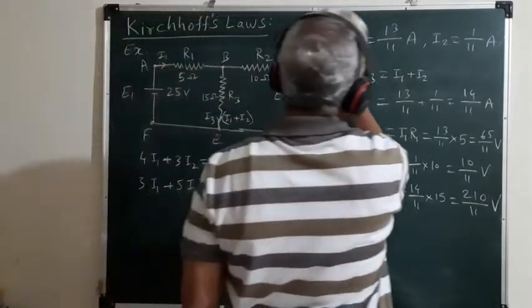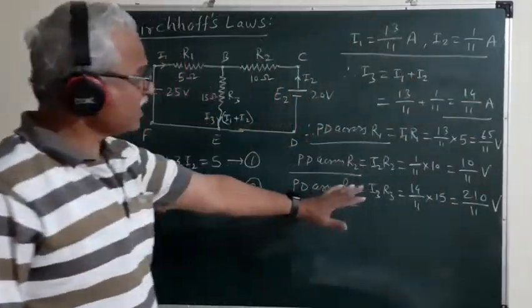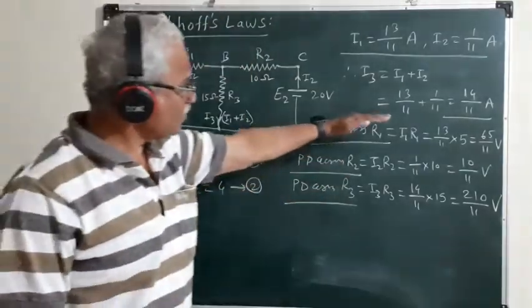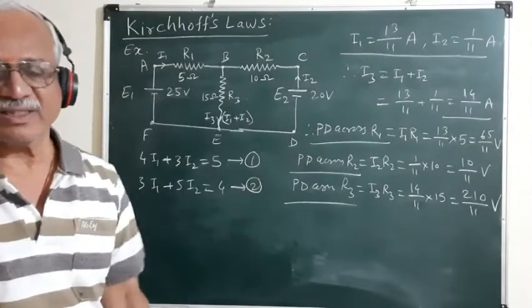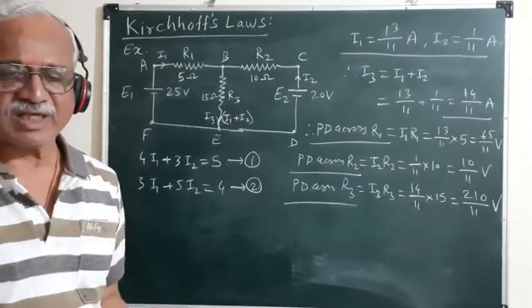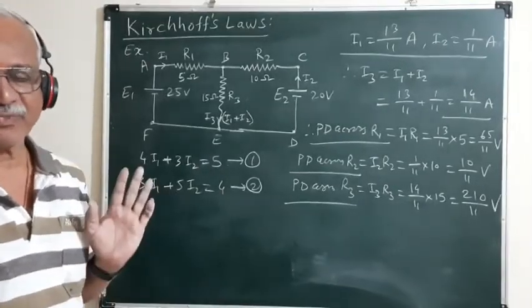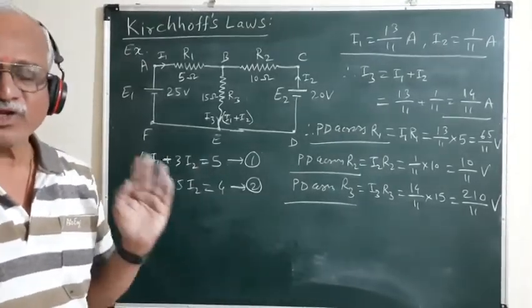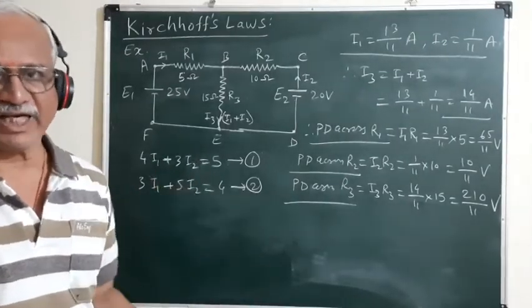So we have found out the values of I1, I2, I3 as well as the potential drops across the resistors R1, R2 and R3. And achieving these values is nothing but analyzing a given network. So by using Kirchhoff's laws, we can analyze any complicated network.